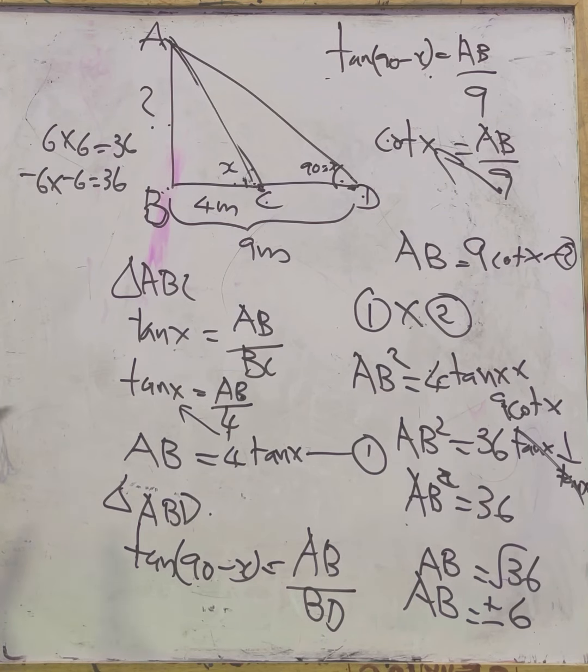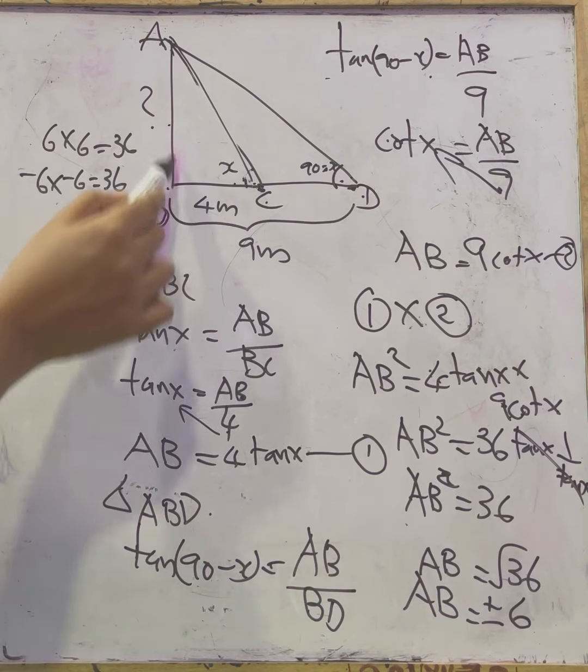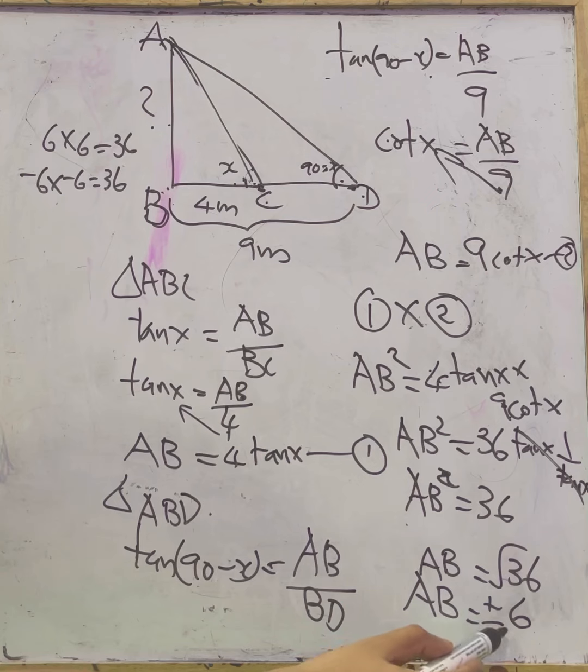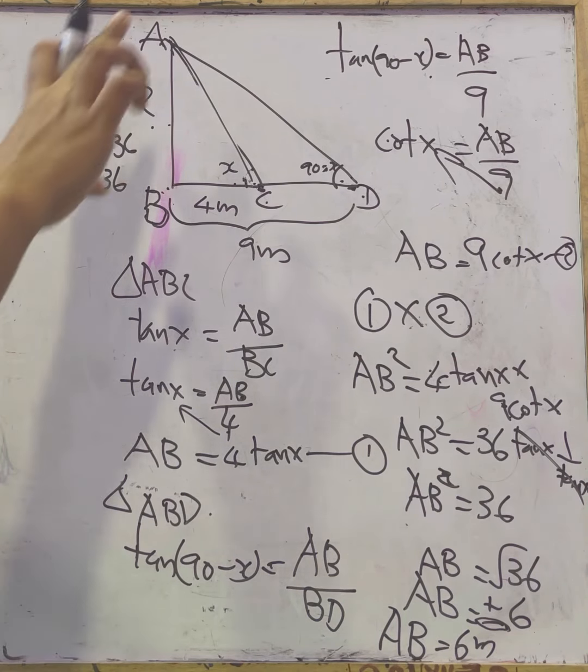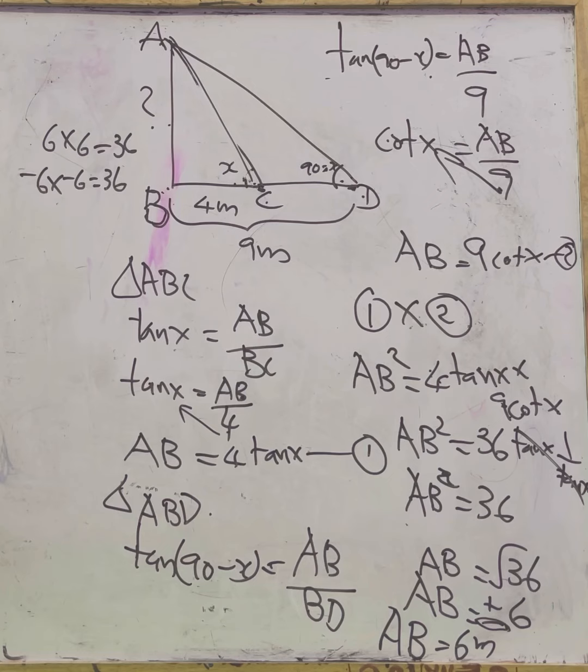In this situation, we are talking about the height of the tower. So we don't want to consider the negative value because height is never negative. It will always be a positive value. So here we got AB equal to 6 meter. And the question asked us to check whether the height of the tower is 6 meter or not. So here we find out, yes, the height of the tower is 6 meter.